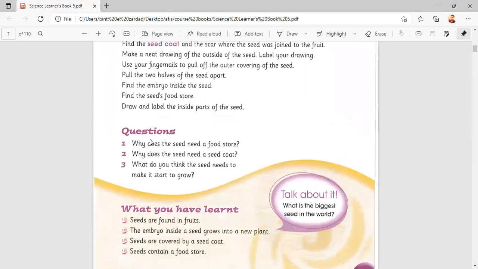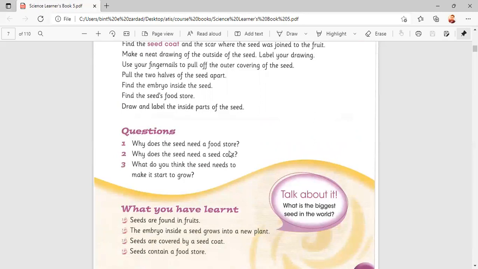What about the question: what does the seed need? Why does a seed need a food store? Obviously, a seed needs a food store for what? The embryo can get energy from where? From the food store.